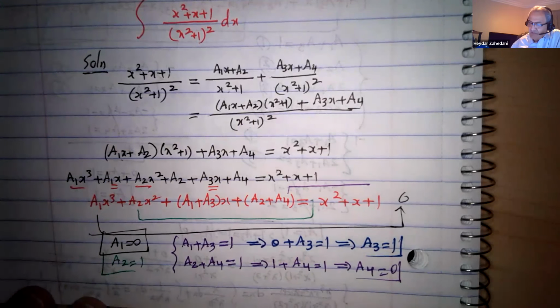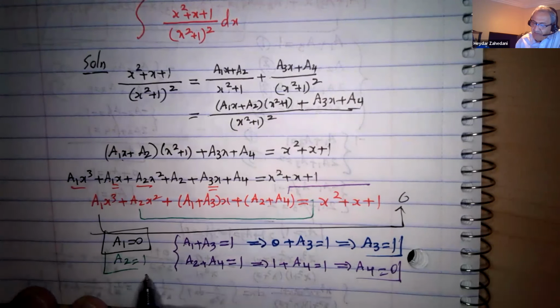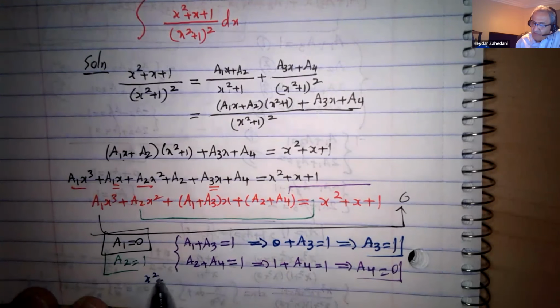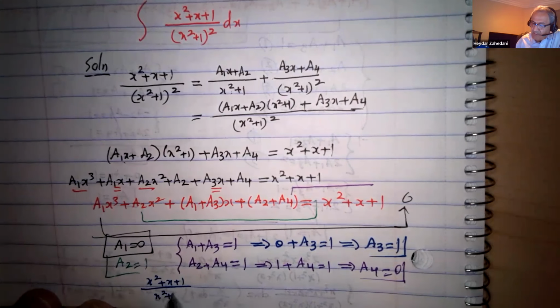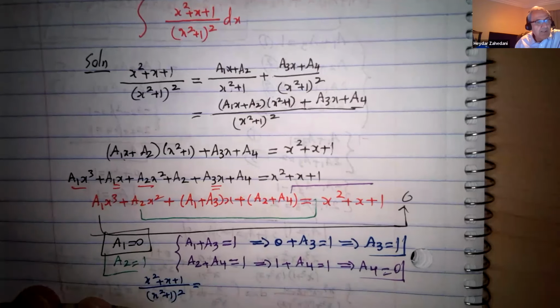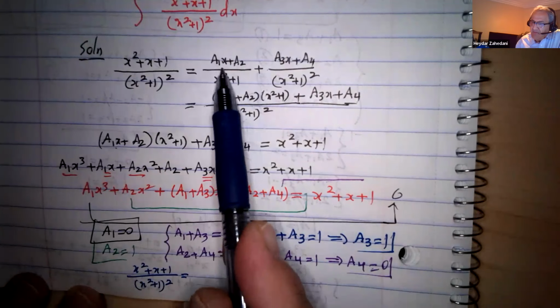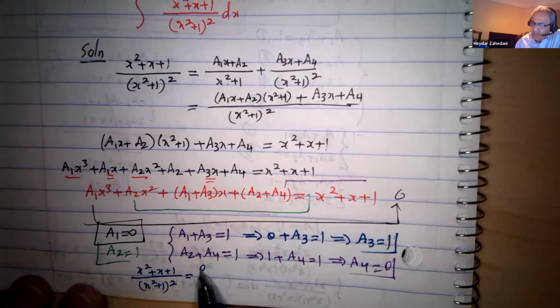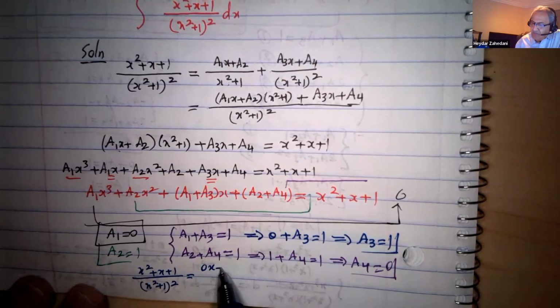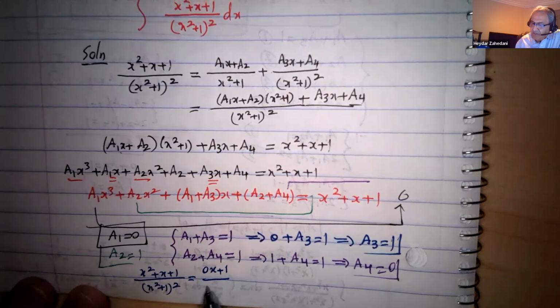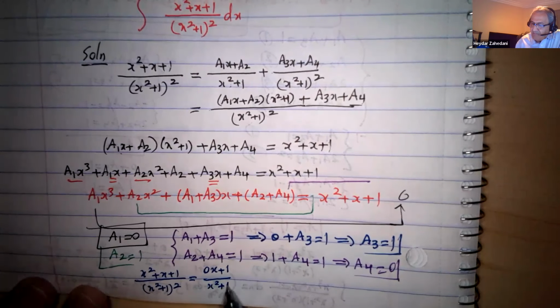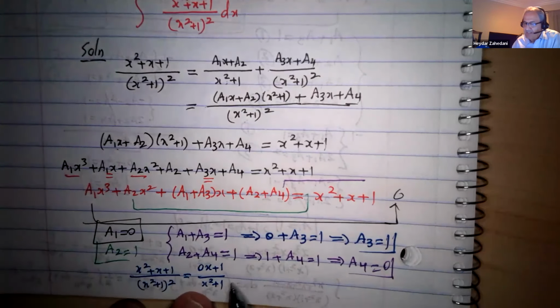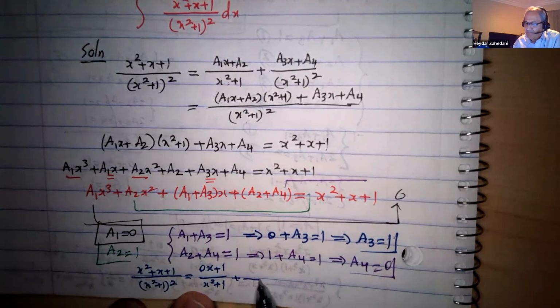Okay, so this is what we are going to end up with. We have x squared plus x plus 1 divided by (x squared plus 1) all squared. So it's going to be equal to a1x plus a2. What's a1? a1 is 0. So 0x plus a2, which is 1, over x squared plus 1. That's the first one, plus a3x. What is a3? a3 is 1.